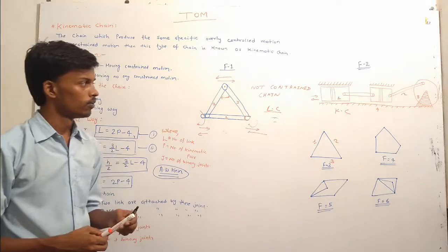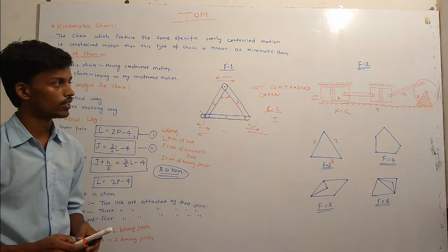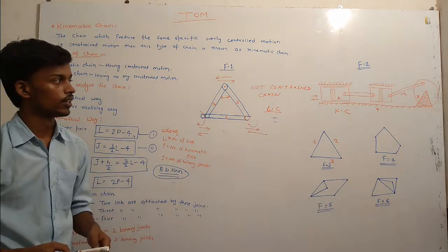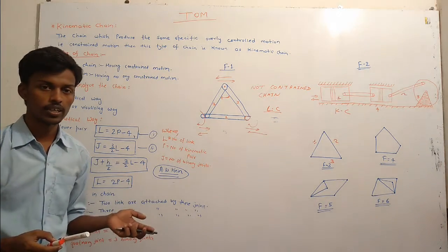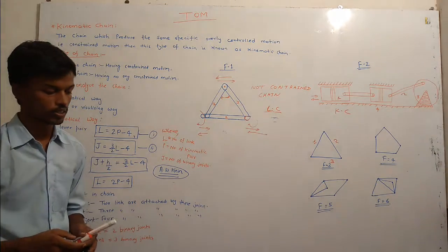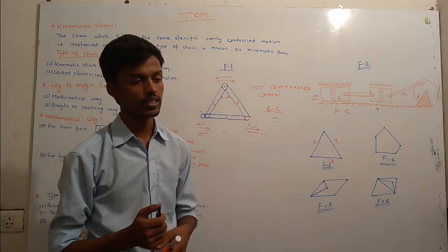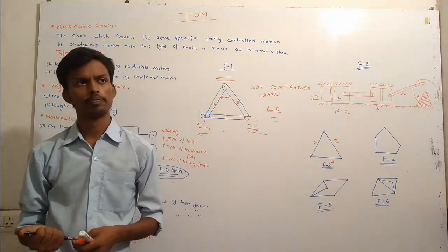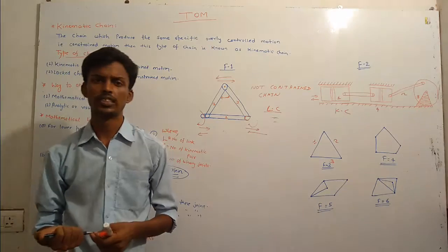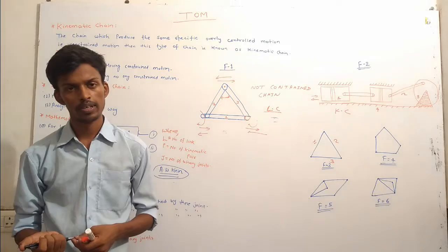Now let's move on to another topic: how you can visualize whether any chain is a kinematic chain or a locked chain. How can you understand it is kinematic or locked? There are two ways to analyze any chain. The first way is by visualizing and understanding the mechanism of the arrangement of the chain.